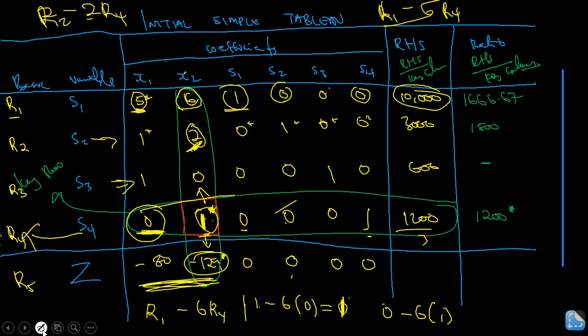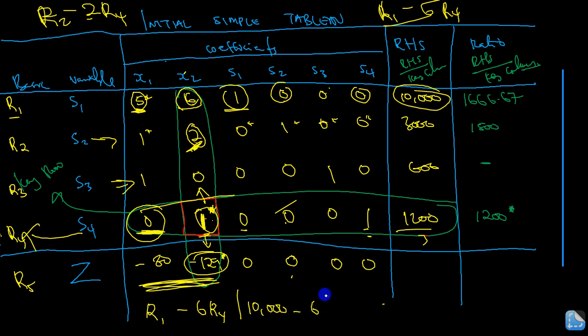Okay, then we proceed to the last one. What's the last one here? We have 10,000. So we're going to say 10,000 minus 6 multiplied by 1,200.